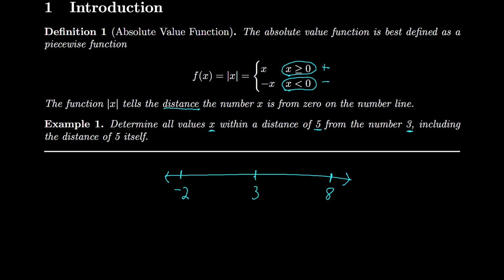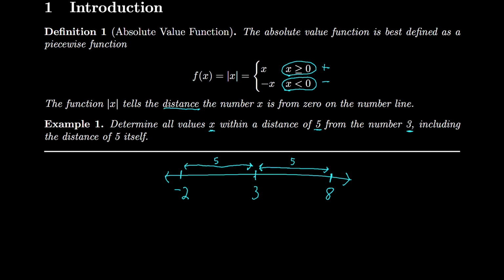And what we want to know is this distance here. We're a distance 5, that is this distance here from right here all the way over, and also this distance. Well, they're both 5.